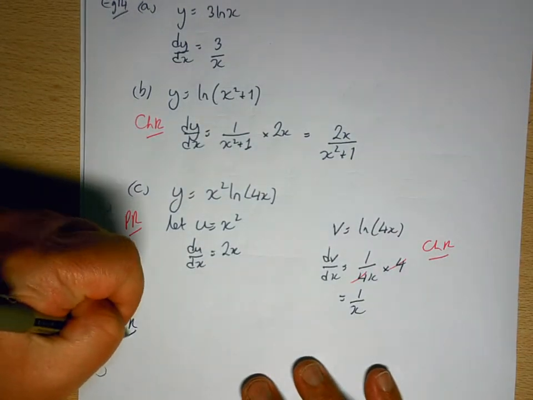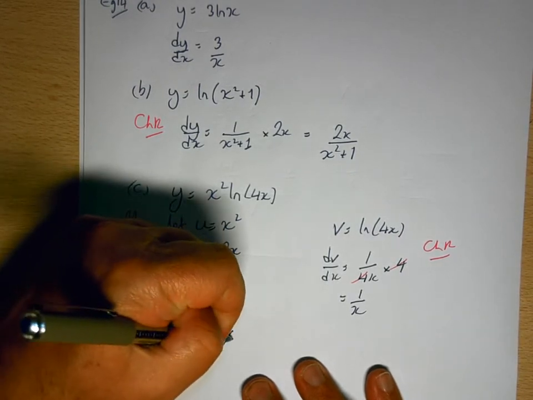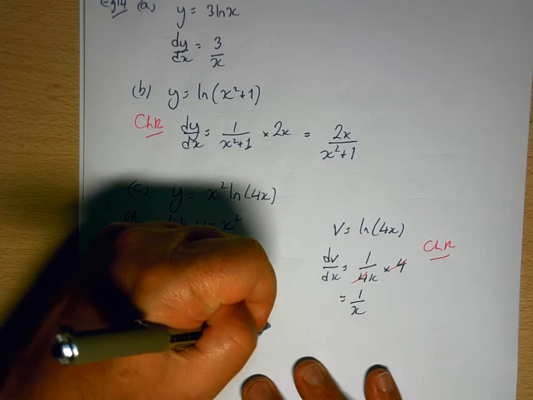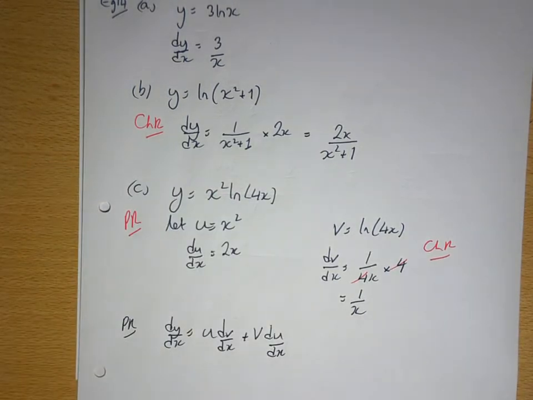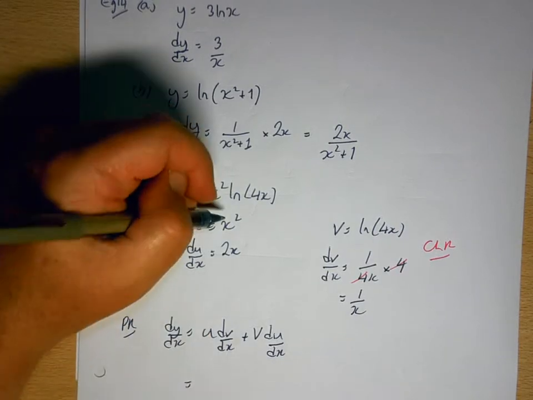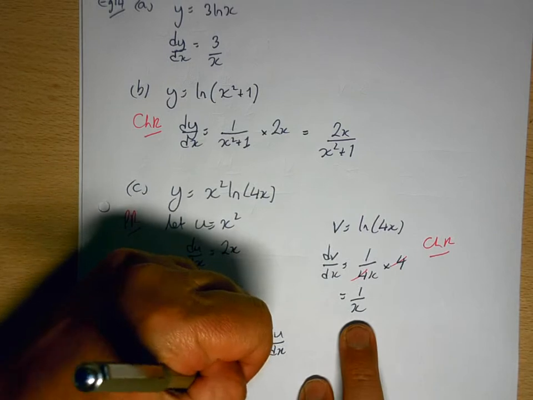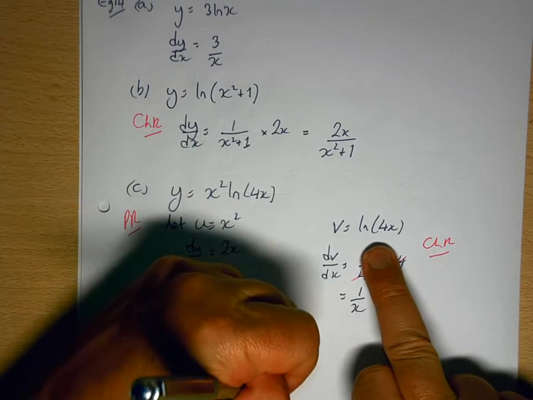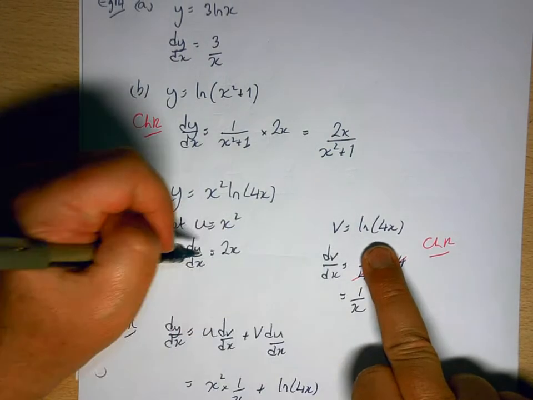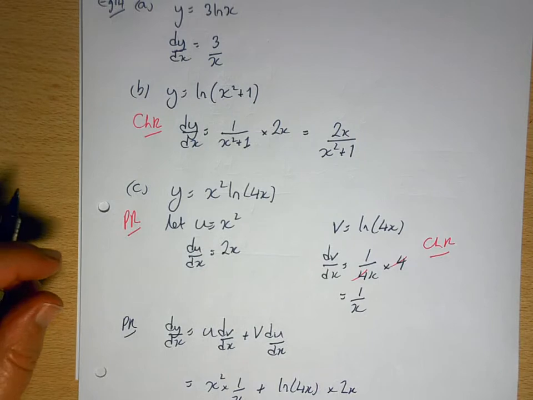So the product rule, dy dx is u dv dx plus v du dx. So u is x squared times dv dx, 1 over x, plus v times 2x.